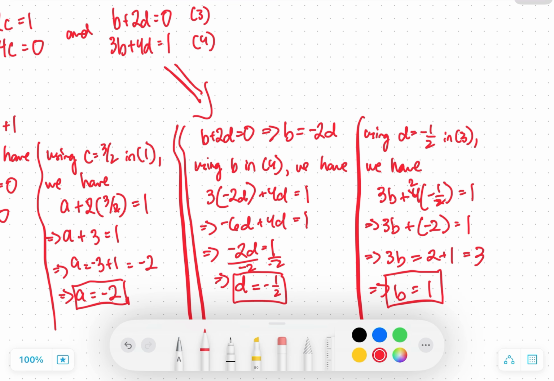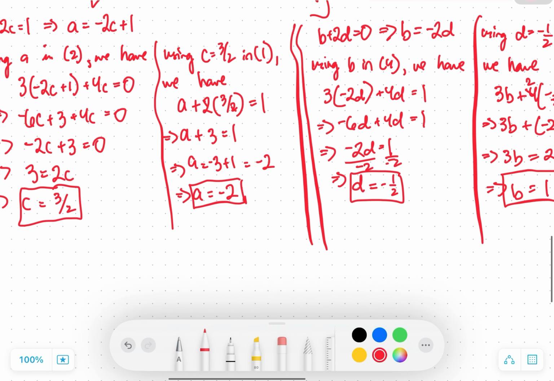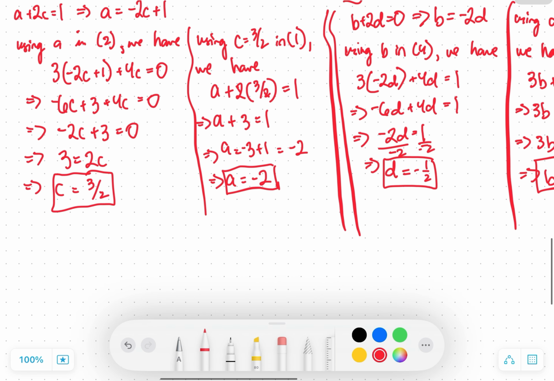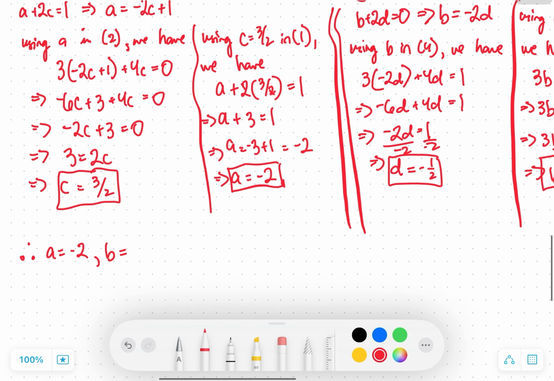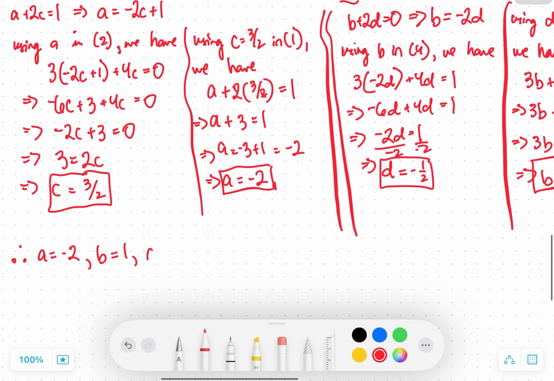Now, putting them all in perspective, a equals negative 2, b equals positive 1, c equals 3/2, and d equals negative 1/2.